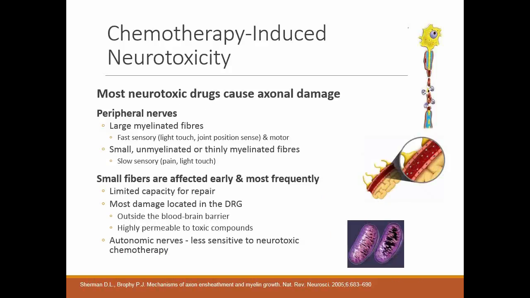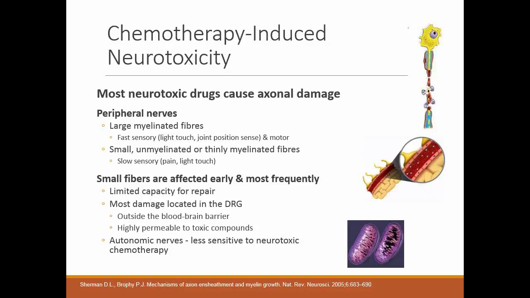So most neurotoxic drugs cause structural damage and not just functional damage to axons. And both large myelinated fibres and small myelinated fibres are affected. However, unlike the large fibre neurons, the small fibre neurons have a poor capacity for repair.